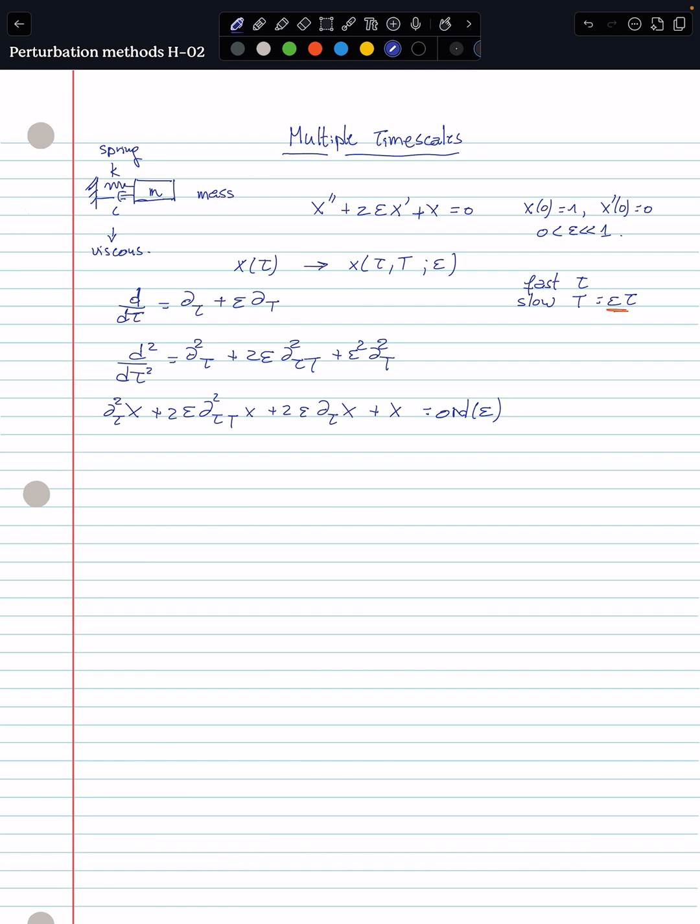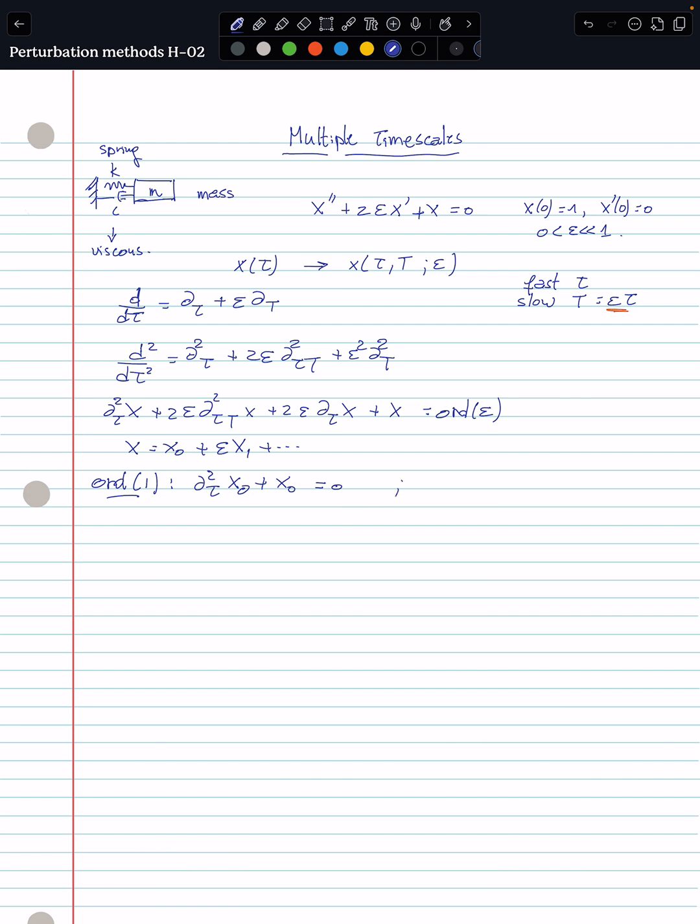From here we can say that x, same as what we did before, takes the form of a regular ansatz. We push this into the governing equation, and at leading order, the governing equation is the second derivative with respect to tau of x0 plus x0 is equal to 0.